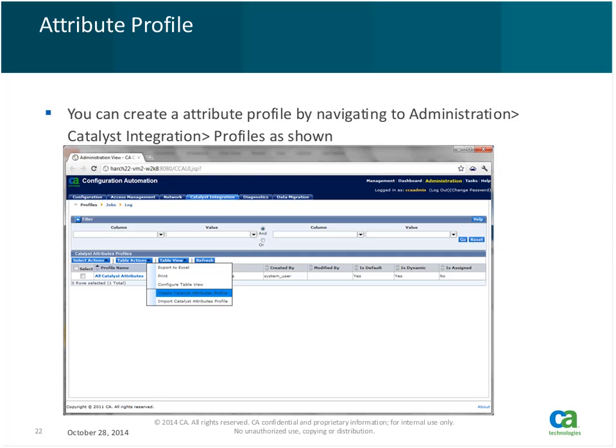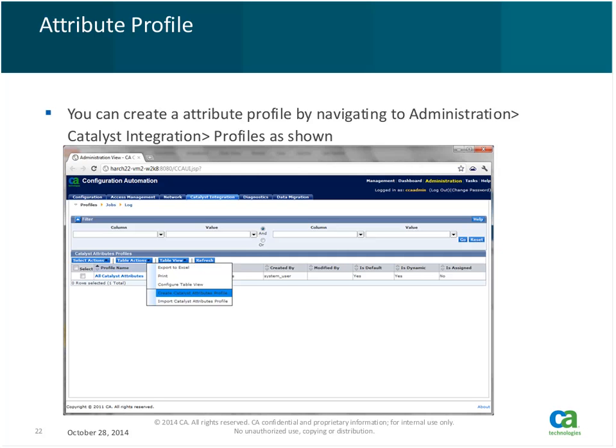Yeah, so this is the screen. In the CCA server, under the administration tab, you can find the Catalyst integration tab. Under the Catalyst integration tab, the first one is profiles.